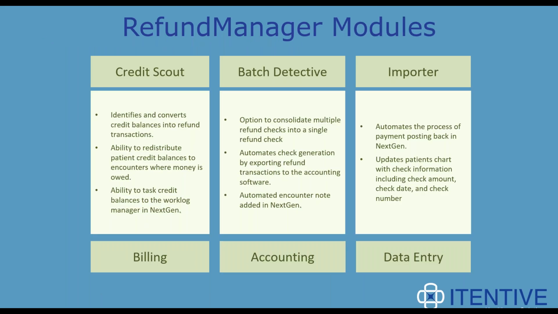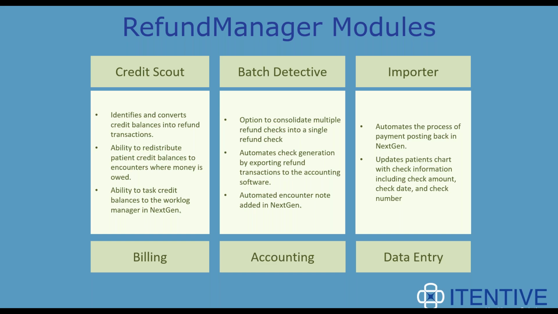You'll see in the demonstration three modules that make up Refund Manager: the Credit Scout module, the Batch Detective module, and the Importer module. The Credit Scout module is the one that you will use to find the credits on the patient accounts and to be able to take action on those credit balances. And then the Batch Detective module is the module that will bring the refund information over into the accounting application.